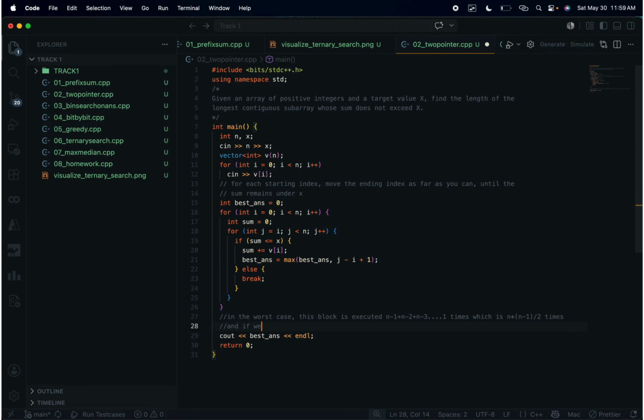And if we take n as large as 2 into 10 power 5, we easily exceed the time limit of 10 power 8 operations.